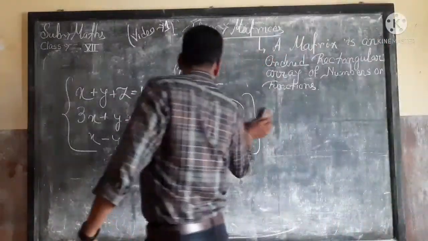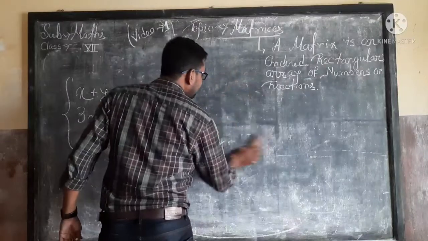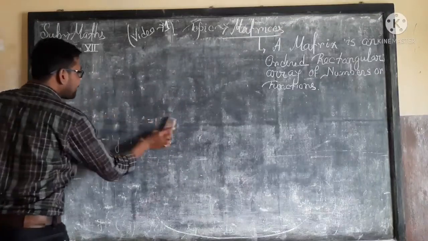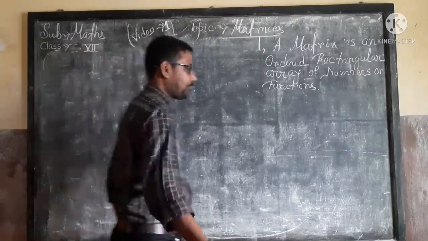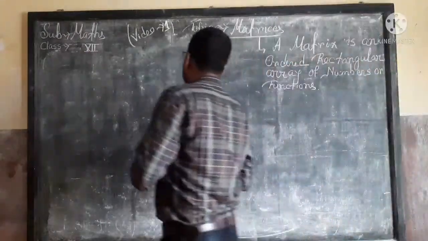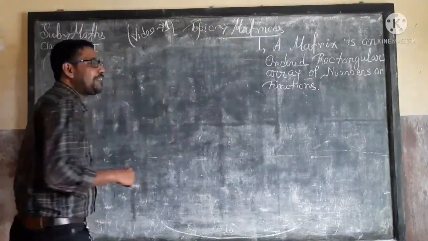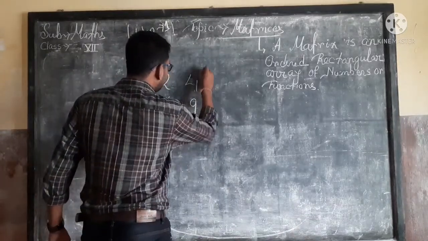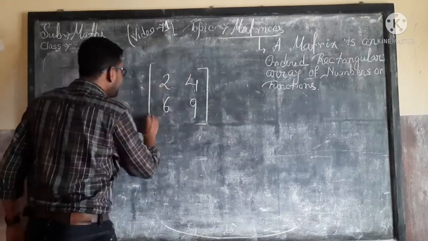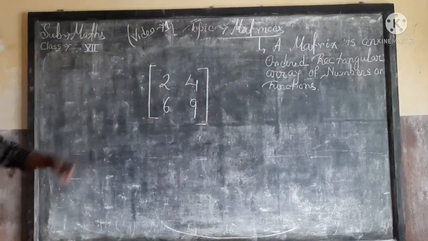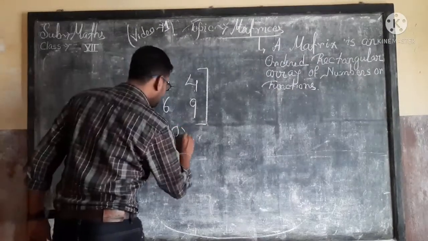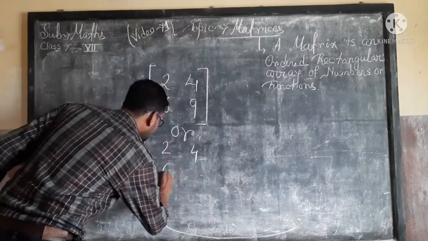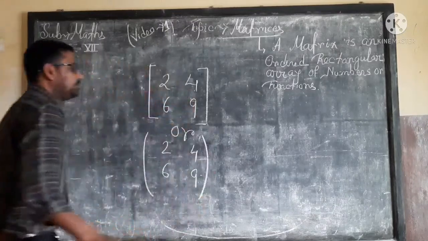So if you consider the definition of a matrix, how do we represent a matrix? Suppose we have some values 2, 4, 6, 9, and we combine all these values within a bracket.